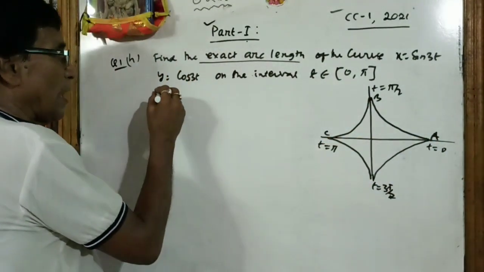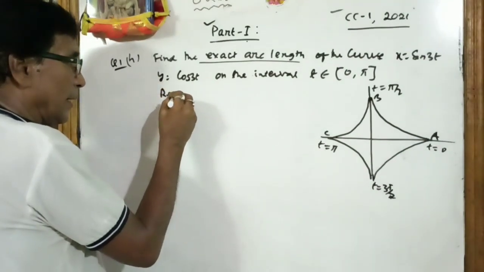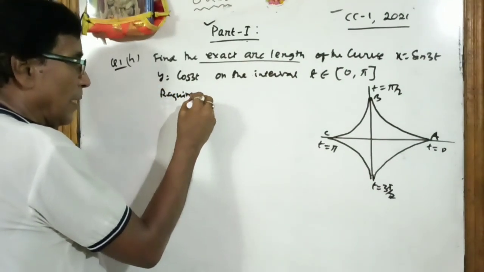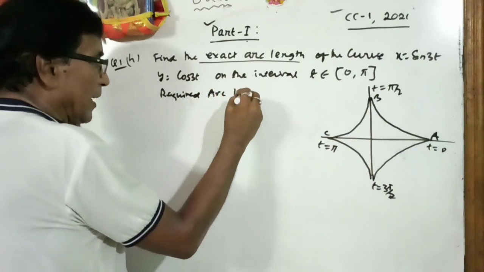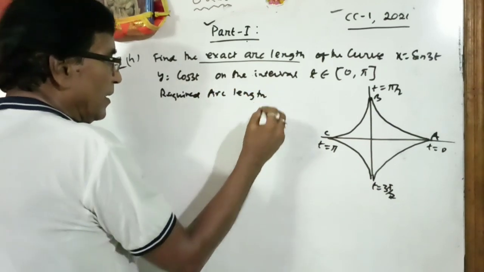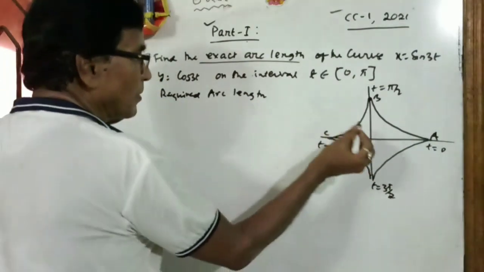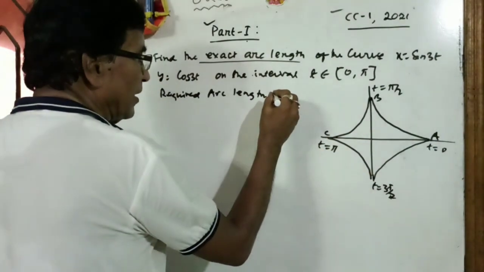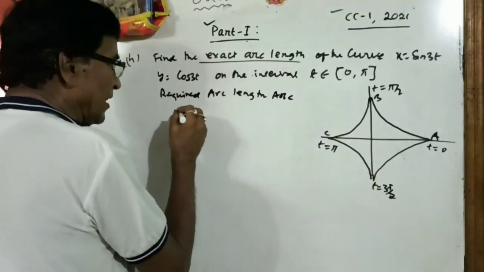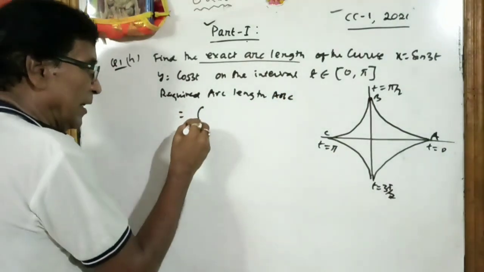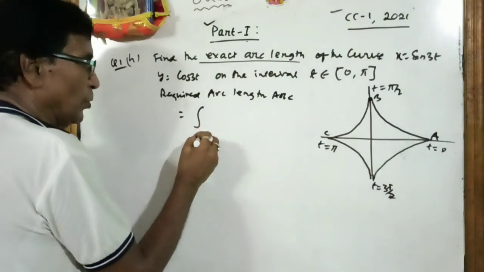So required arc length ABC is equal to the integration from 0 to pi.